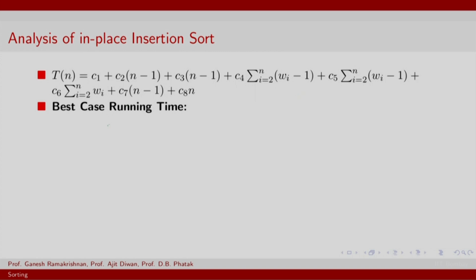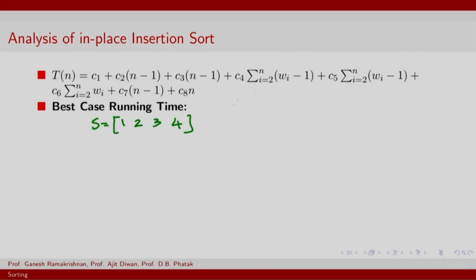It turns out that if your S was already sorted, so let us consider S equals 1, 2, 3, 4, then when you try to insert 2 or 3 or 4, you end up with just one comparison.